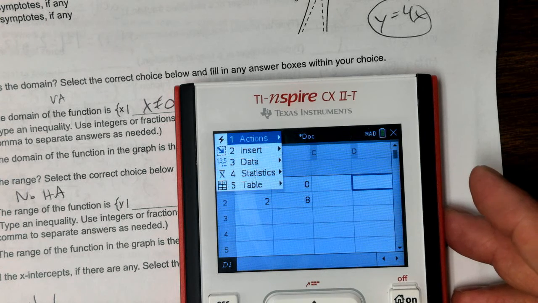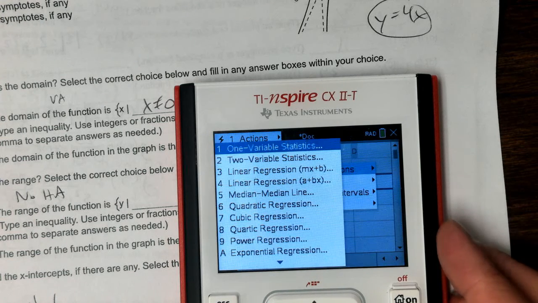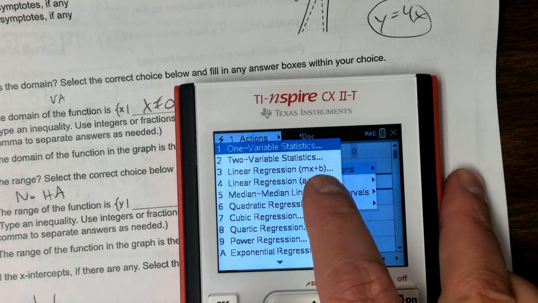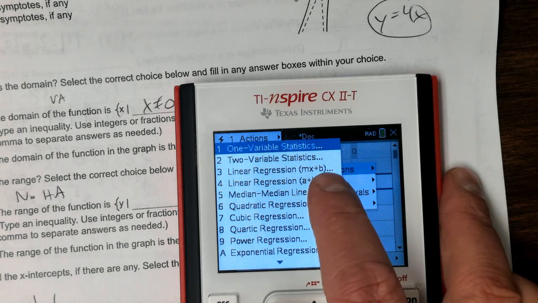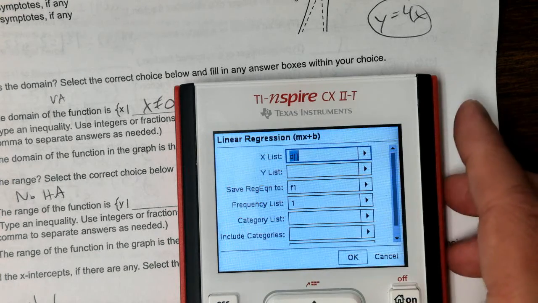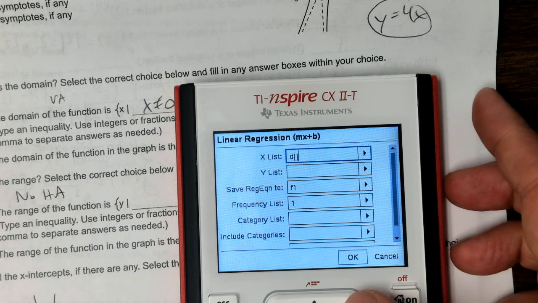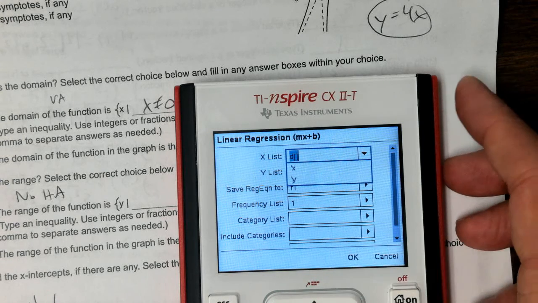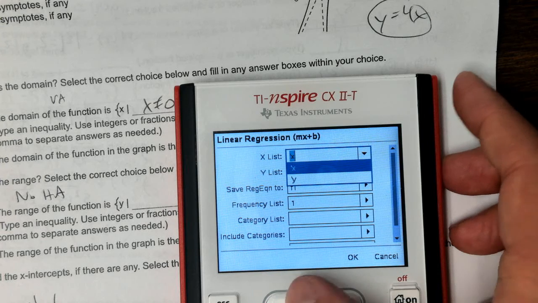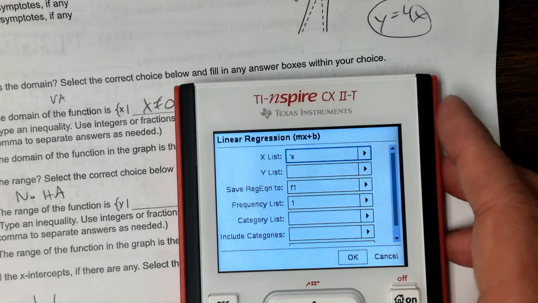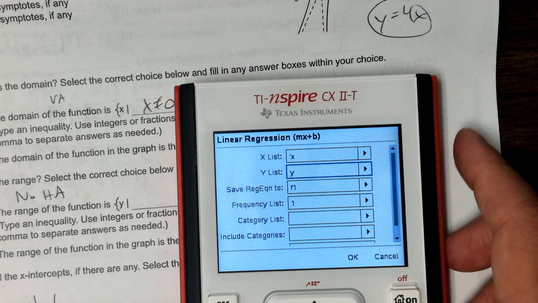And then you go menu, statistics, stat calculations, then linear regression with the mx plus b is what you want, so that's number 3. You can either choose X like this, or you could have just typed X. In this case, I'm just going to type Y, it's faster.